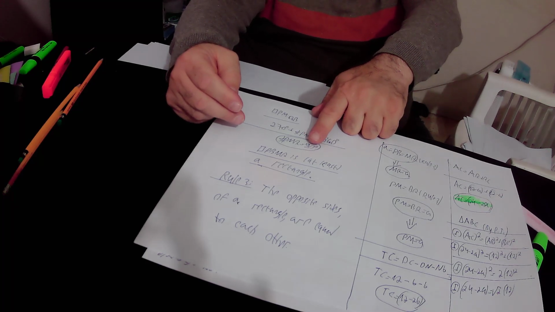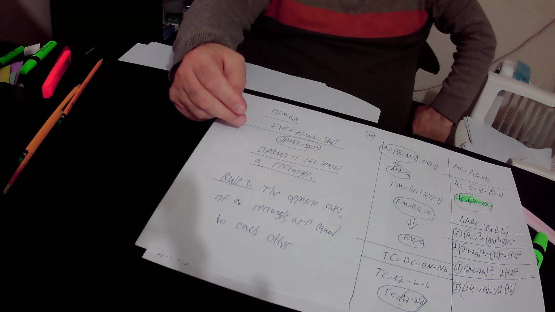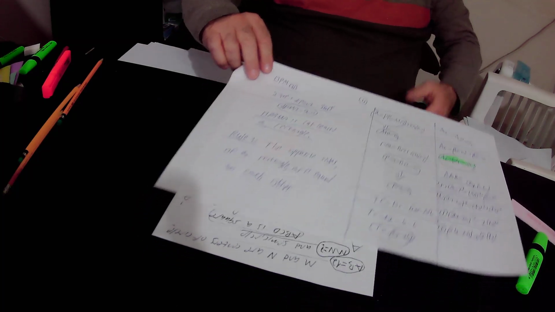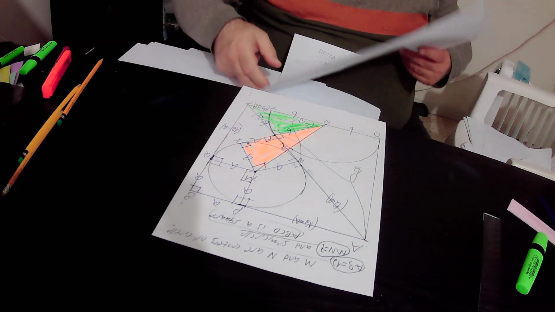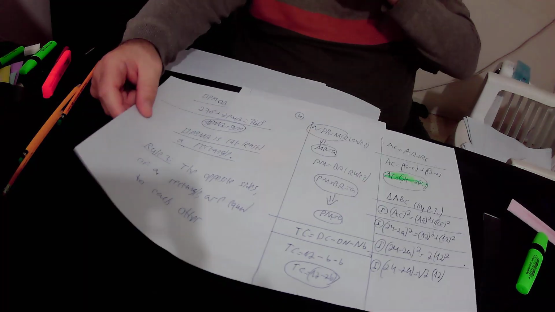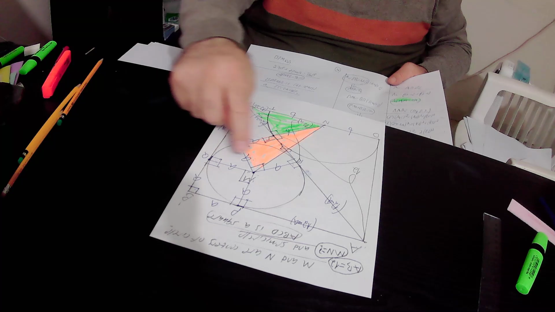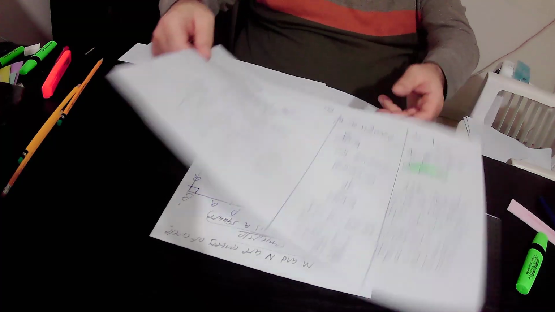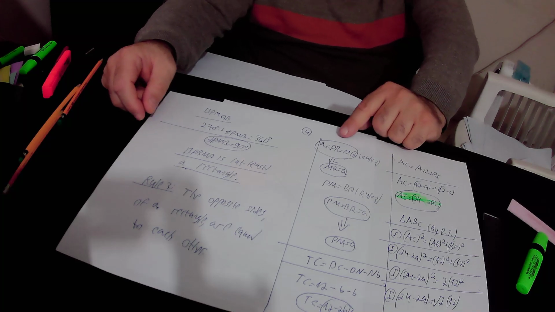Quadrilateral PBMQ is at least a rectangle, and we have rule number 3 that the opposite sides of a rectangle are equal to each other. So in rectangle PBMQ, the opposite sides are equal to each other, that is to say PM equals MQ, PB is equal to MQ, but PB equals A according to our definition.